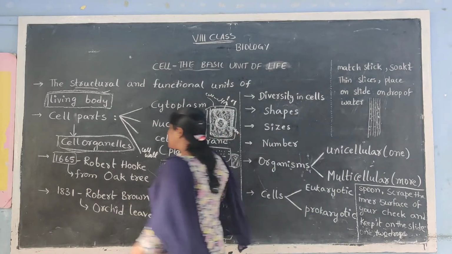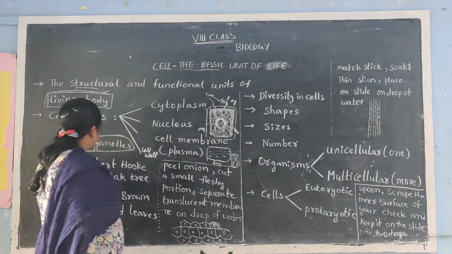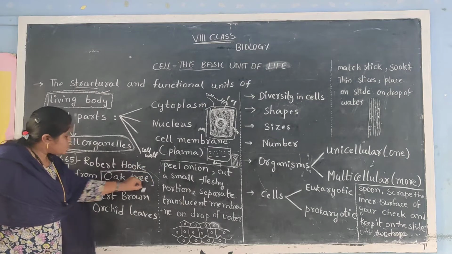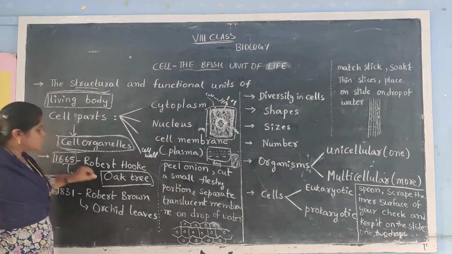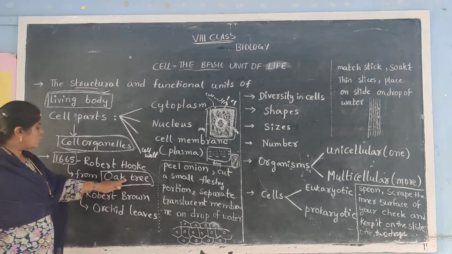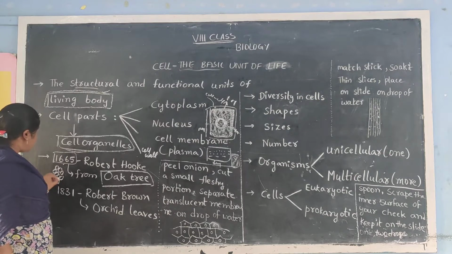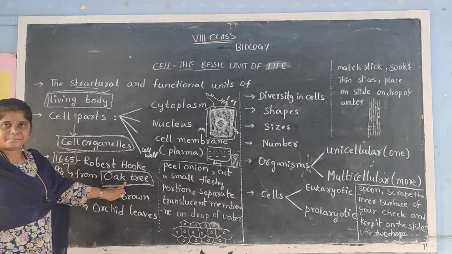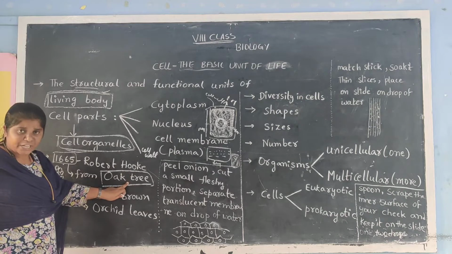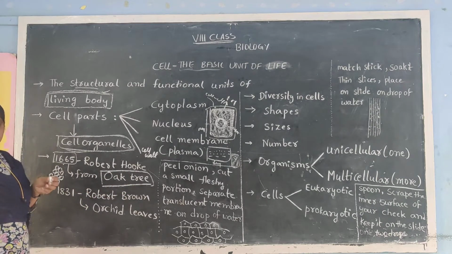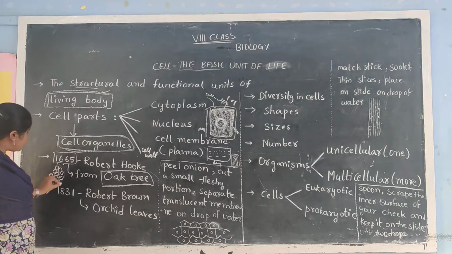So who discovered cell? Robert Hooke in the year 1665. From which tree? Oak tree. We observe honeycomb-like structure in the thin slice from the bark of this oak tree. When he separated a thin slice and observed it under microscope, he was able to find tiny spaces like this.